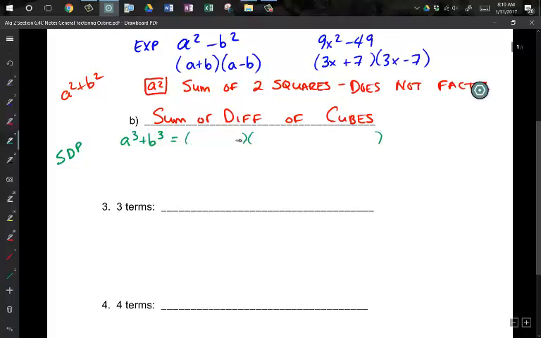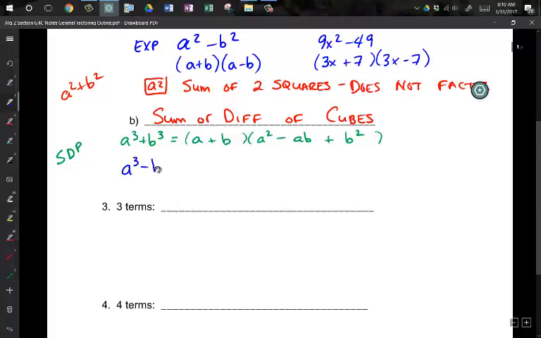What's my first binomial? It's the same sign, so a plus b. And then a squared, and here's the different sign, remember? Minus ab, and then the same positive plus b squared. So there's the sum. And then let's do the difference one.